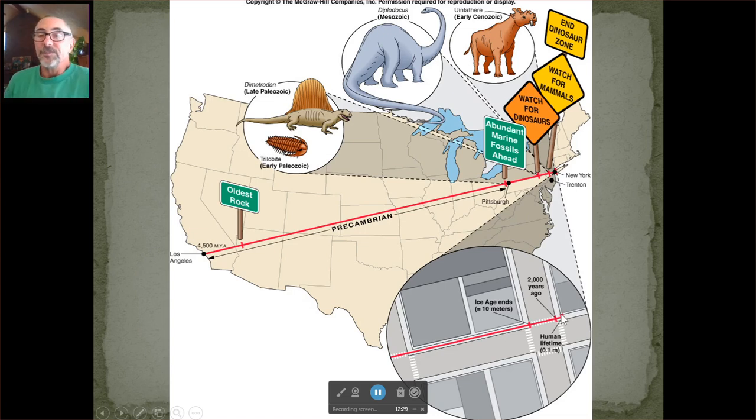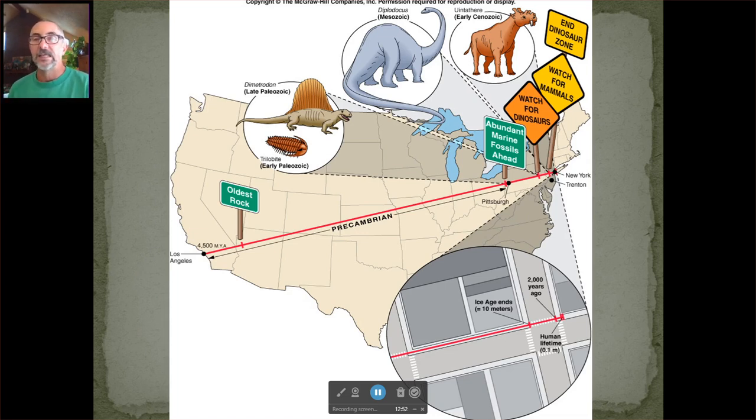So we in geology think of time a little differently than you may be accustomed to. It is, I don't want to say infinitely, but it is several orders of magnitude deeper and longer than what you may be used to. It is exponentially larger.